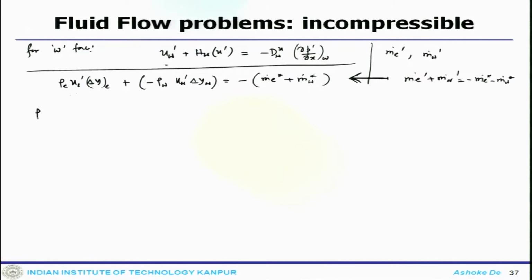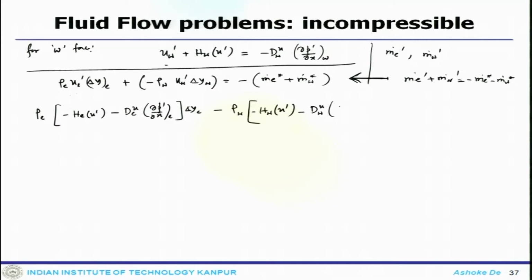What it gets you is rho u minus h e u prime minus d u del p by del x at e delta y e, minus rho w h w u prime minus d w u del p prime by del x at w, which is nothing but minus m dot e star plus m dot w star.